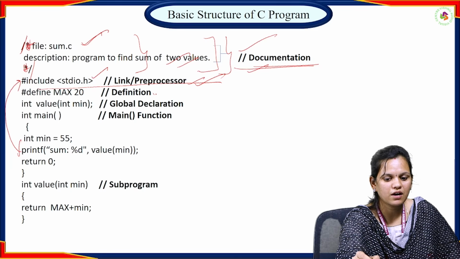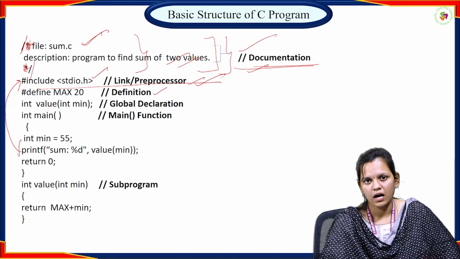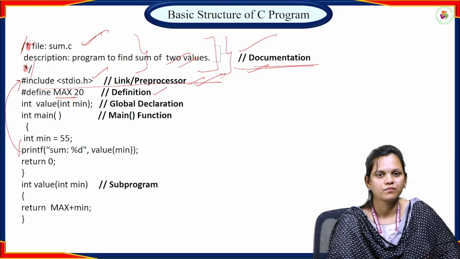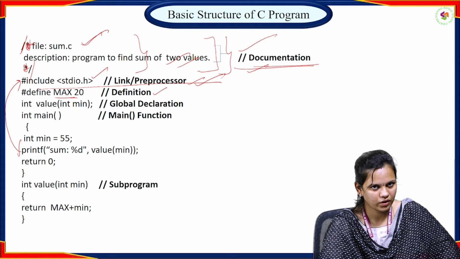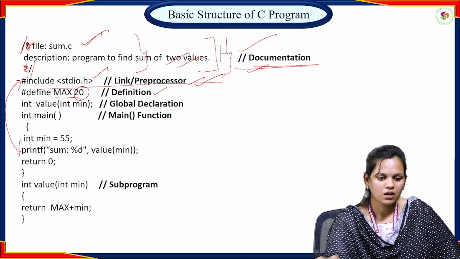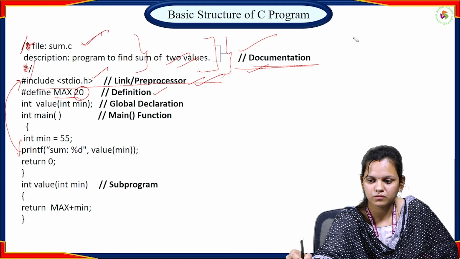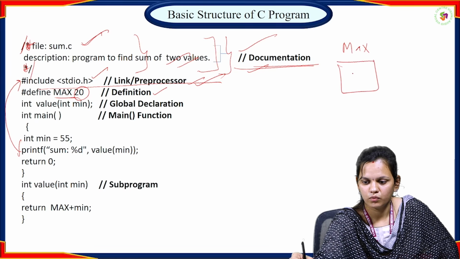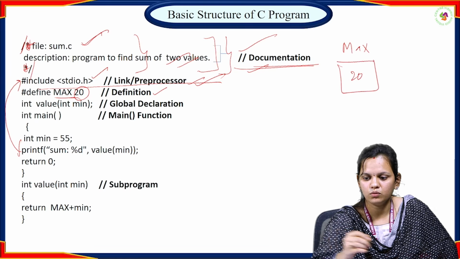Then next comes the definition section. Here I have used a constant called max in the program, right? And the value of max is 20. Now a constant is created with the value 20, right? So here I have defined a constant there.